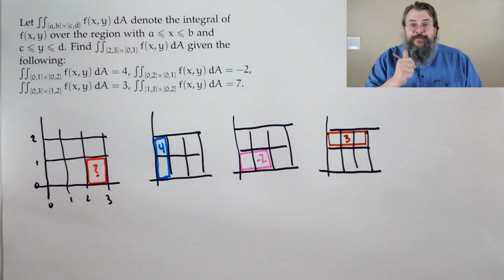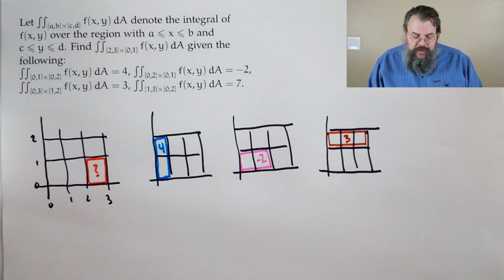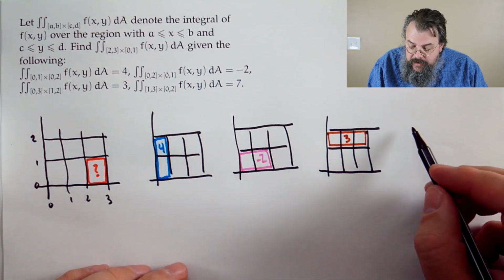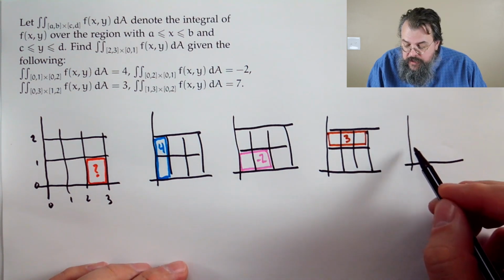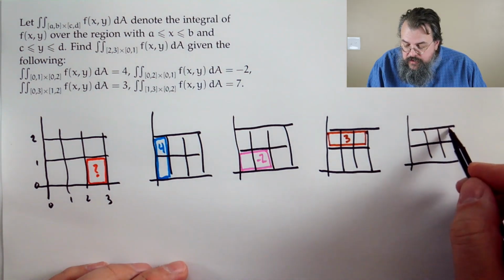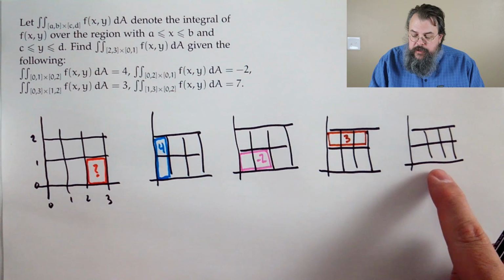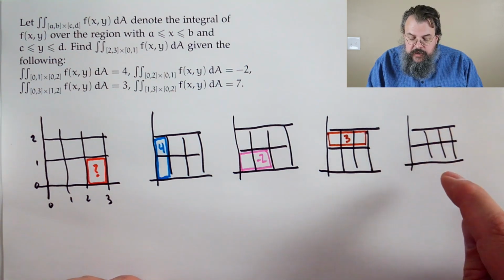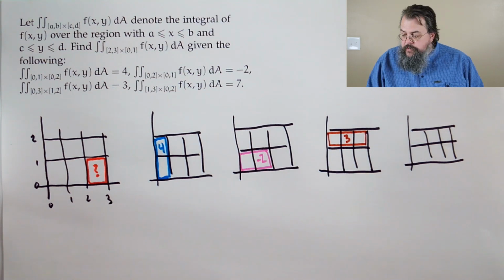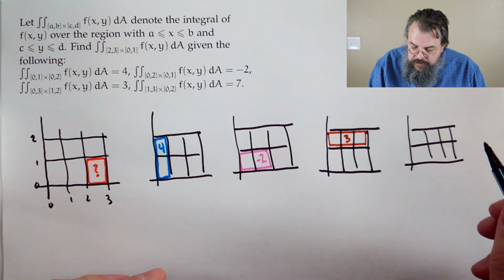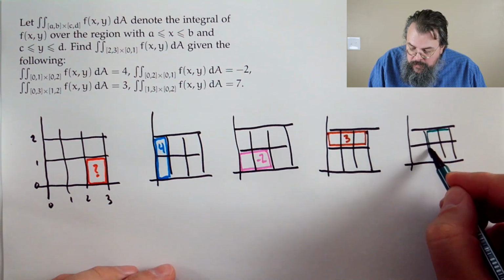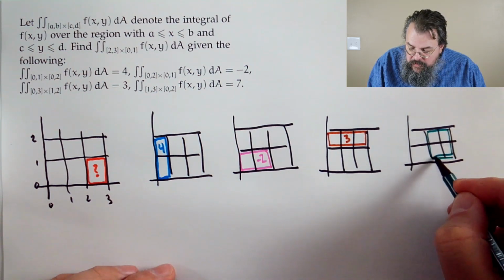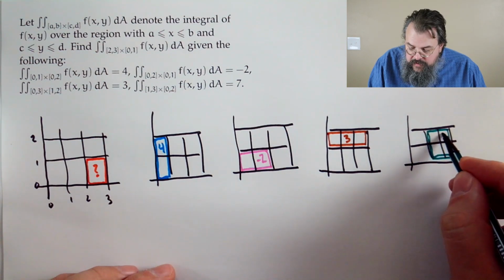One more to go, and the last part is [1, 3] cross [0, 2]. So x is going from 1 to 3, and y is going 0 to 2. It's a big piece to finish up with, but no problem. It's this whole piece here, and that gets us to 7.